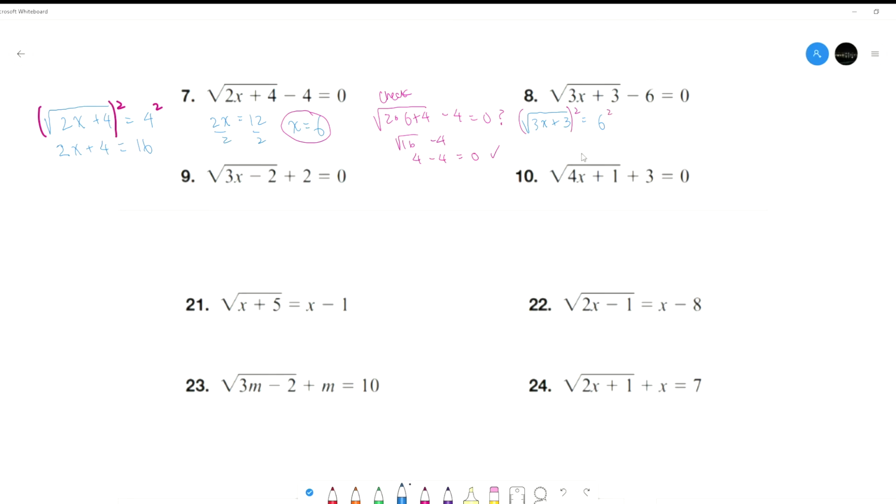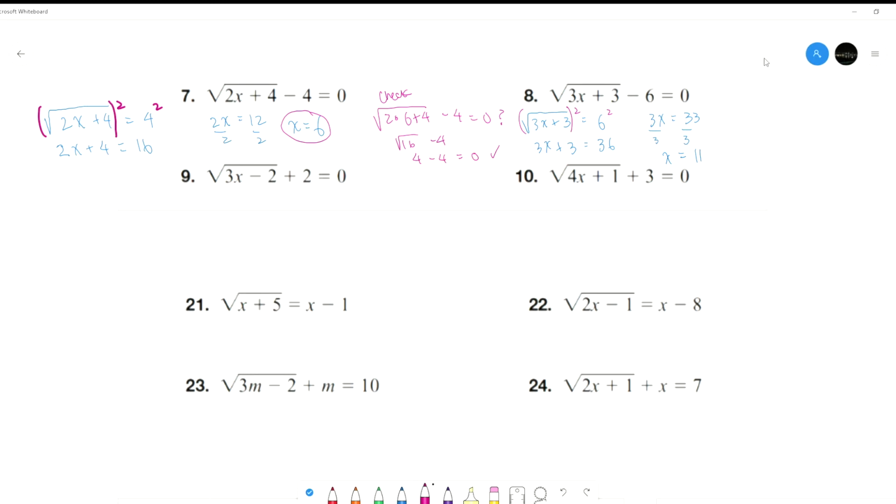So we get 3x plus 3 is equal to 36. And then to solve for x, we need to subtract 3. So we get 3x is equal to 36 minus 3 is 33. And then divide by 3 to get x is equal to 11.